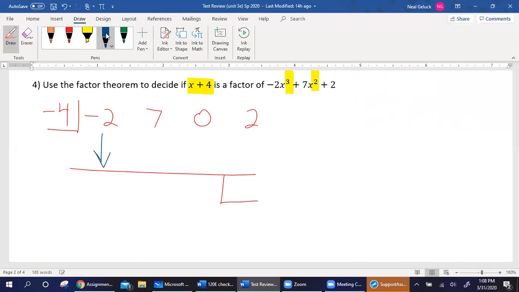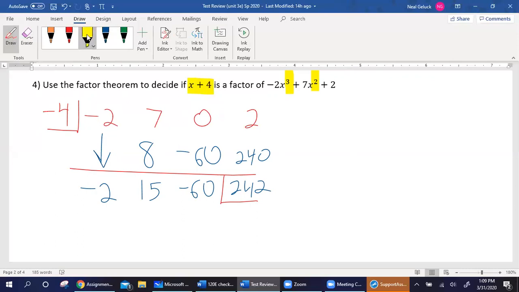And I'll run through the process pretty fast here. And actually, I start to get some nasty numbers on this one. Somewhat gross. I end up with 242. So first, to answer the question of whether that is a factor: no, it's not. I should have gotten a remainder of 0.